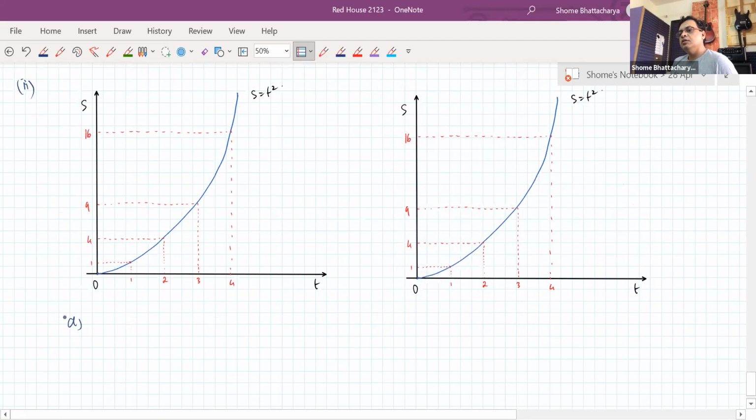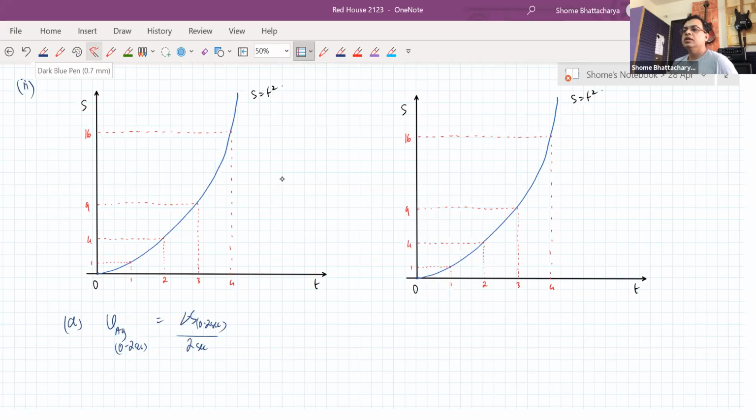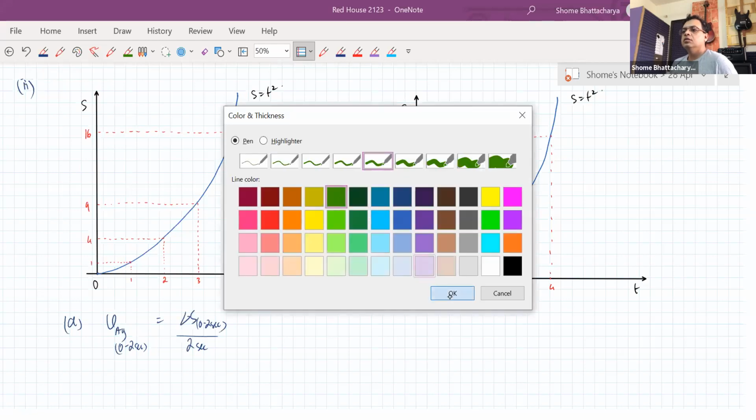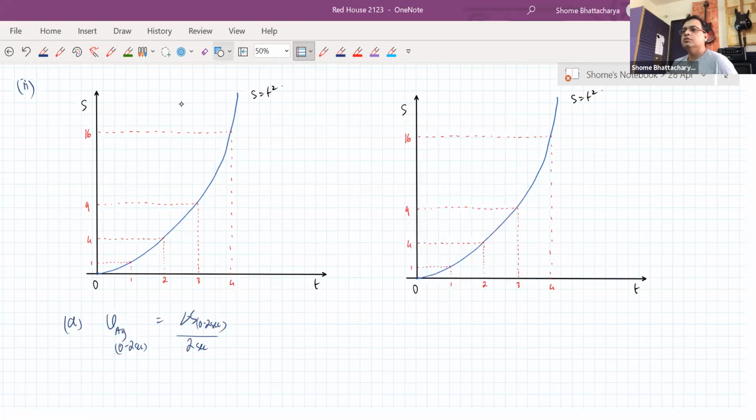So for the A part, I want to calculate average speed from 0 to 2 seconds. So that is the distance traveled from 0 to 2 seconds divided by 2 seconds. So in terms of graph, what would that mean? That would mean the secant line joining these 2 points here.